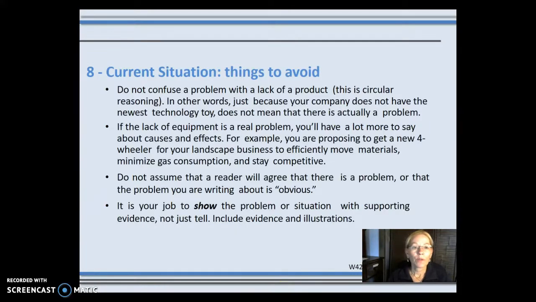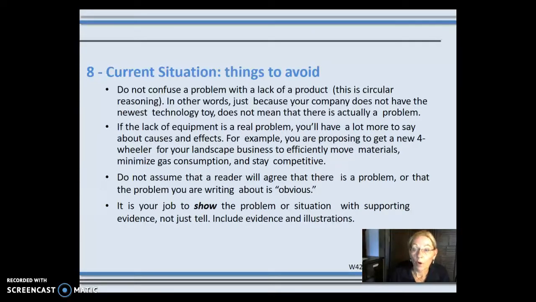Now you want to know some things to avoid. Besides that, do not confuse the lack of something with a problem. Let's say you have read about a really cool gadget that's out there and you look at your company and they don't have it. You cannot assume that just because your company doesn't have this product that it is indeed a problem. It may not be. That would be circular reasoning, and if you started to propose that your company needed it, you would lack the words to explain why.